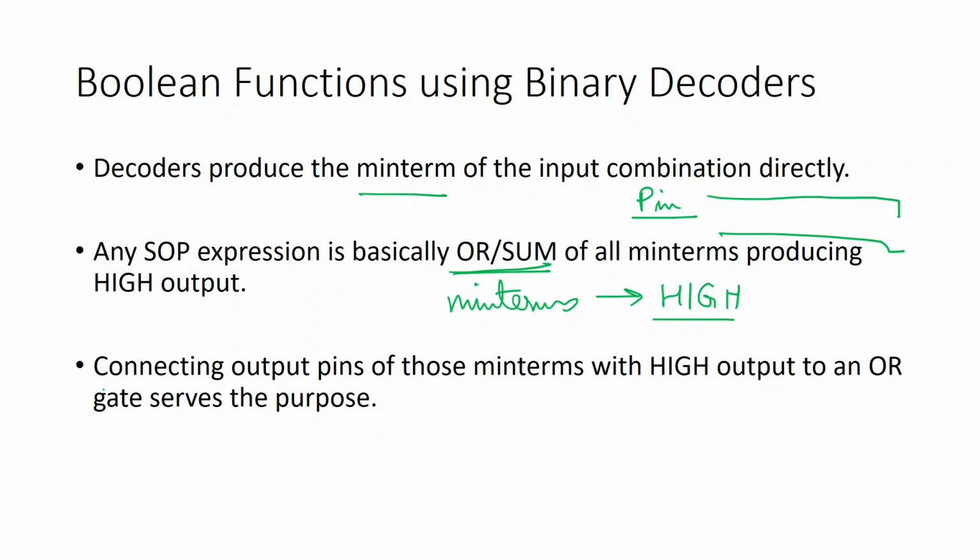So you connect the output pins of those min terms which should have high output to an OR gate, and this serves the purpose. That's all you need to do.